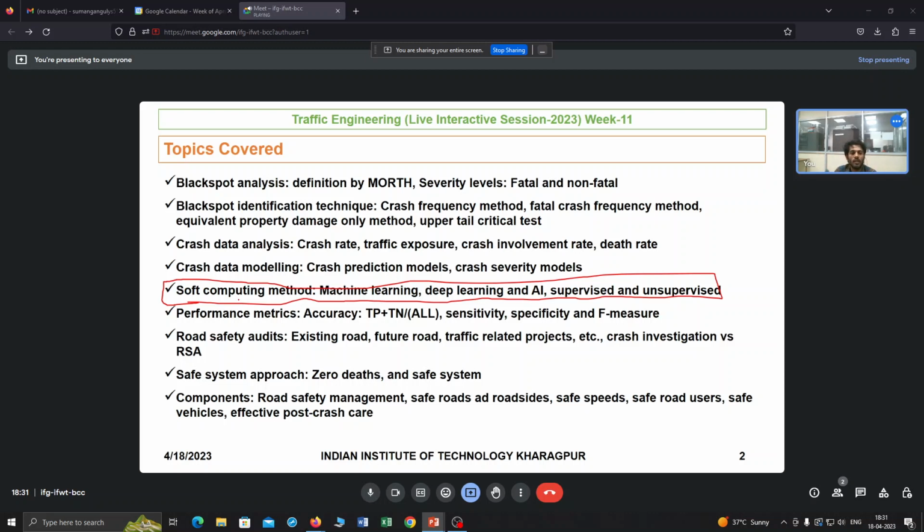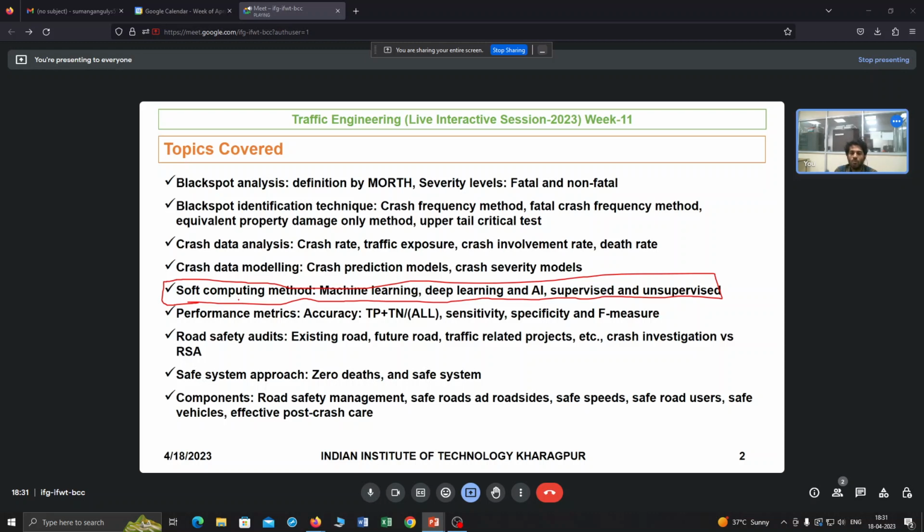In unsupervised learning, we are not saying anything; we are just giving input and saying, find any pattern, and if you find any pattern, just report it to me. Mostly clustering techniques, which are used to group different observations, fall under the unsupervised learning algorithms.